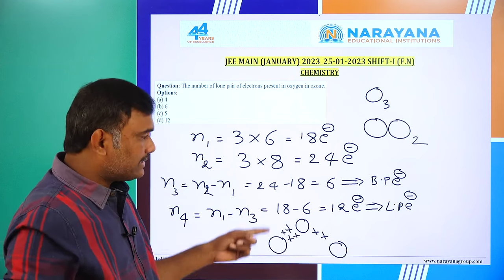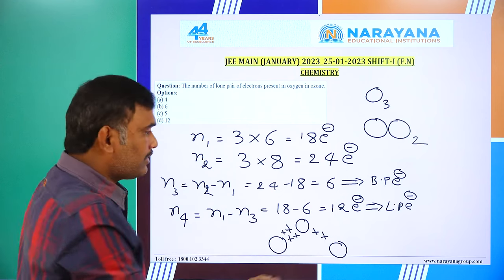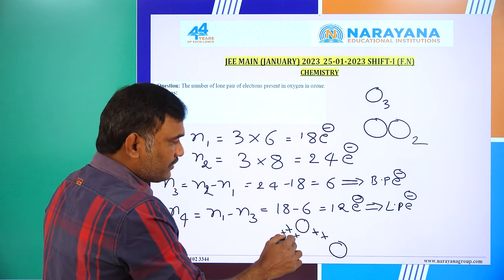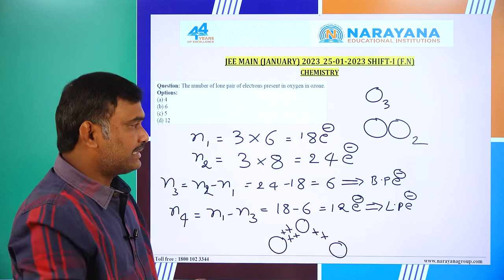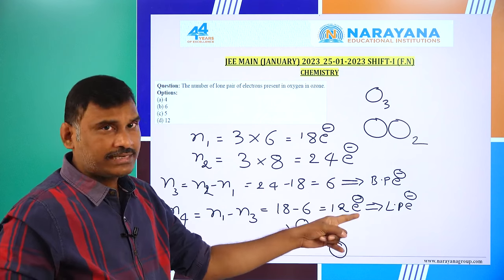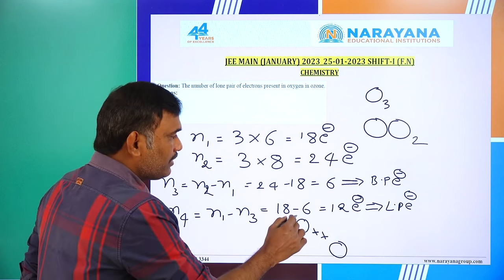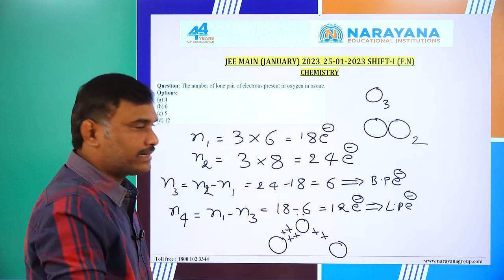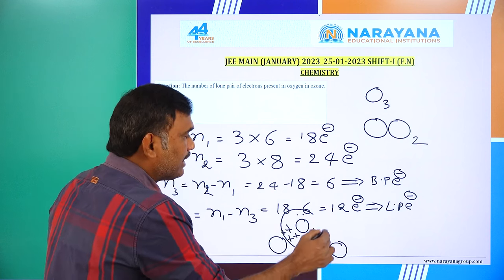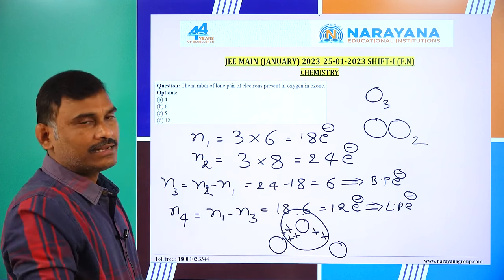So the total bond pairs are over. Now this oxygen has 6 electrons around it. To satisfy the octet configuration, try to arrange lone pairs. One lone pair I am placing here. Now automatically the central atom gets the octet configuration.